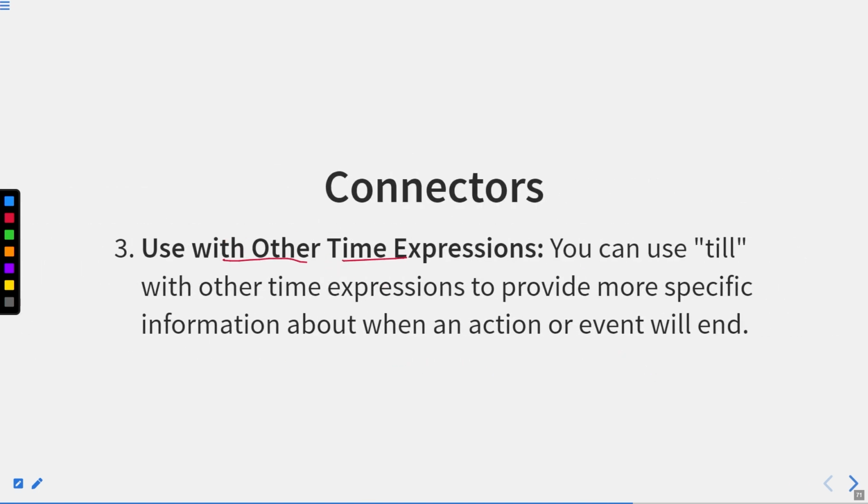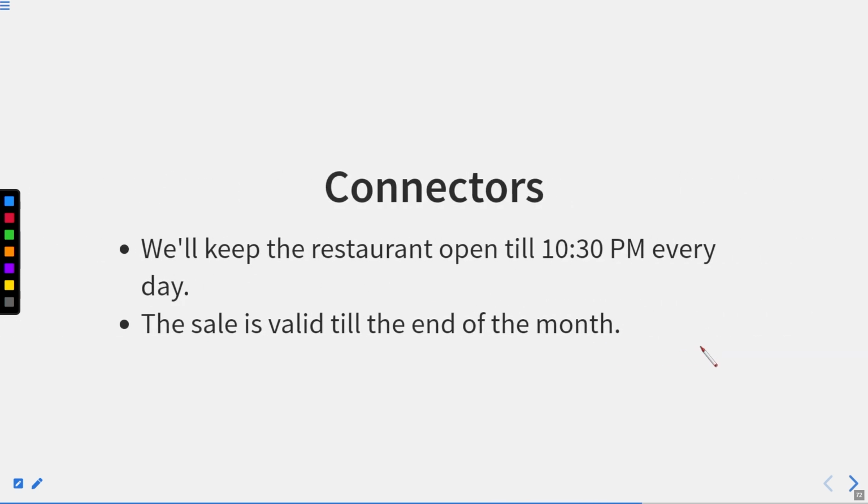You can use till with other time expressions to provide more specific information about when an action or event will end. We will keep the restaurant open till 10:30 p.m. every day. This sale is valid till the end of the month. Okay, so here you can see the time boundary. The limit is the end of the month.